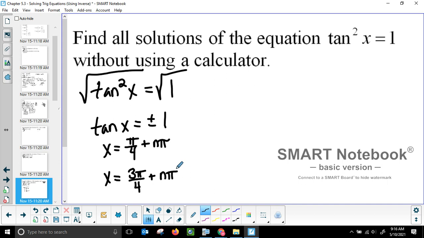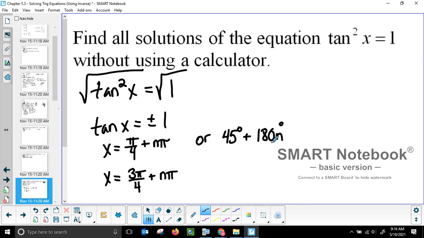Any questions or concerns there? Okay. And just for Delta Math purposes, if we were doing this in degrees, well, pi over 4 is 45 degrees. So you could also say plus 180n degrees, right?